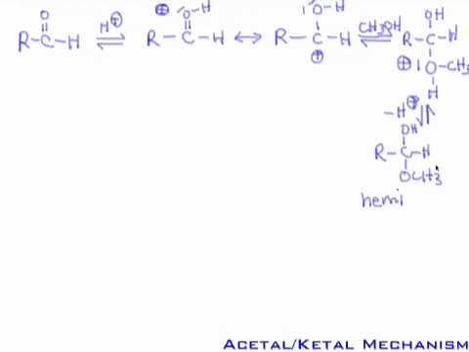Now note, if this H right here was a carbon, what functional group would it have been? It would have been a hemiketal. So the mechanism is exactly the same, whether you're going from an aldehyde to a hemiacetal or a ketone to a hemiketal. The reaction can continue, however. Reaction with acid again, more acid.